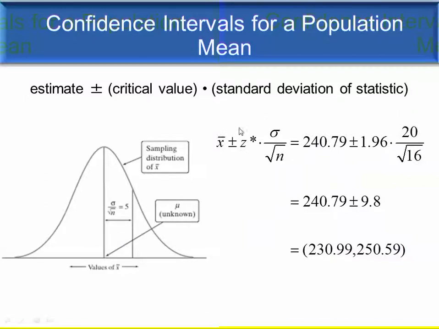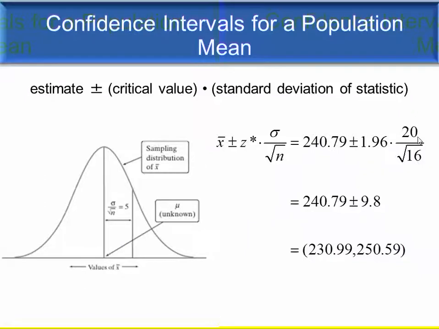So plugging it into the formula, we have x bar plus or minus z star times sigma over square root of n. In this example, we have a mean of 240.79 plus or minus, we're trying to do a 95% confidence interval, so we're going to use 1.96 times 20, which was the standard deviation for the population, divided by the square root of 16.